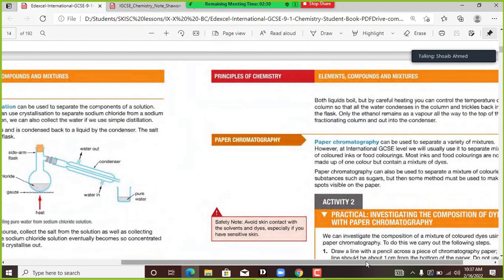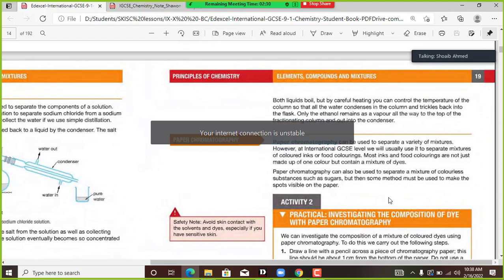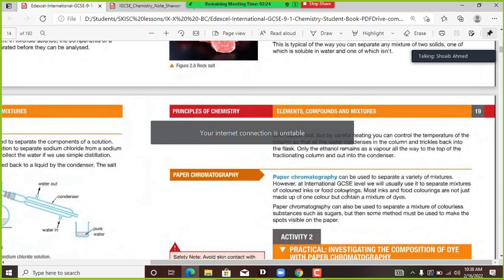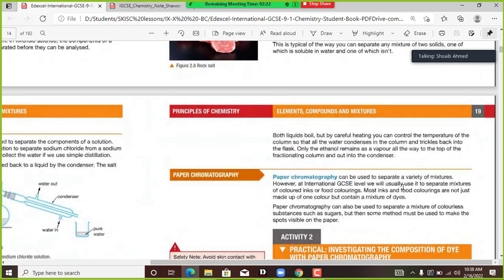Now paper chromatography. Paper chromatography can be used to separate a variety of mixtures. However, at international IGCSE level, we usually use it to separate mixtures of coloured inks or food colourings.